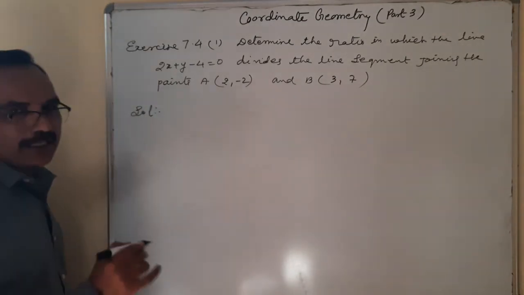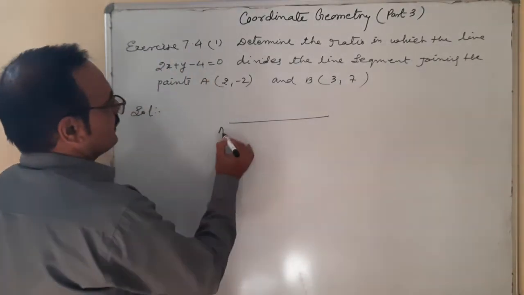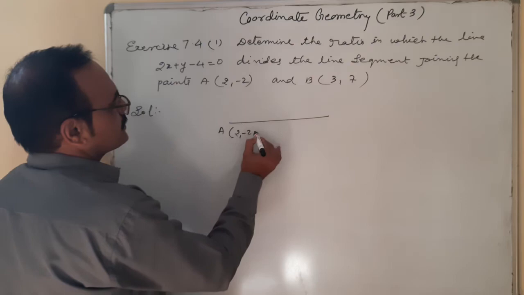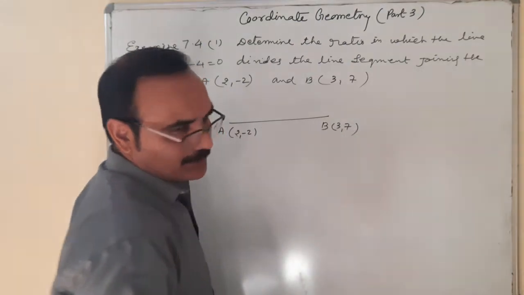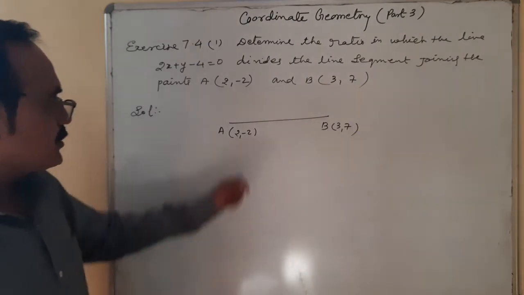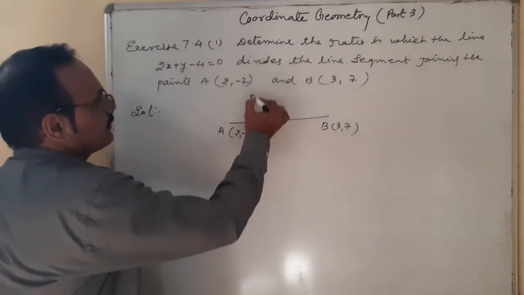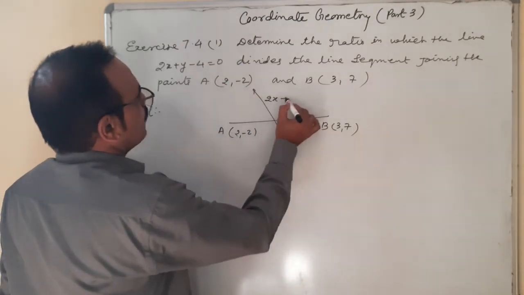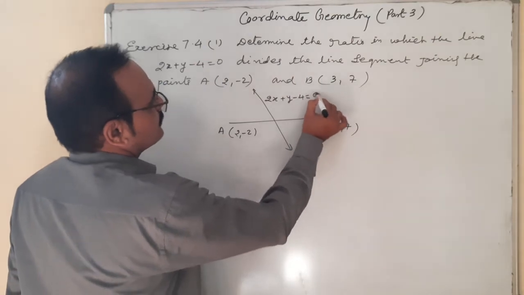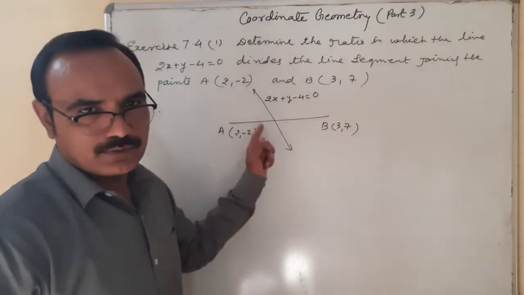Should I make a simple diagram here? Suppose this is the line segment A (2, minus 2) and B (3, 7). Question is, determine the ratio in which the line, this is the line 2x plus y minus 4 is equal to 0. This is the line which is dividing it.